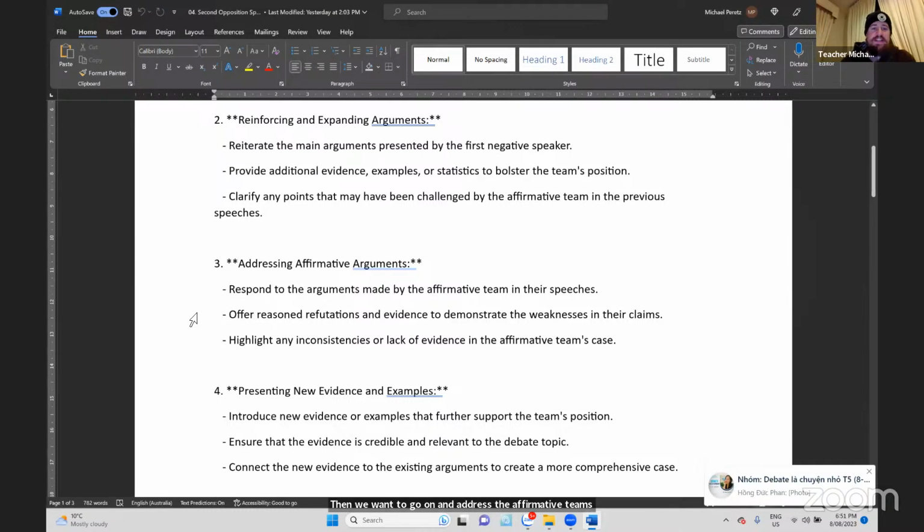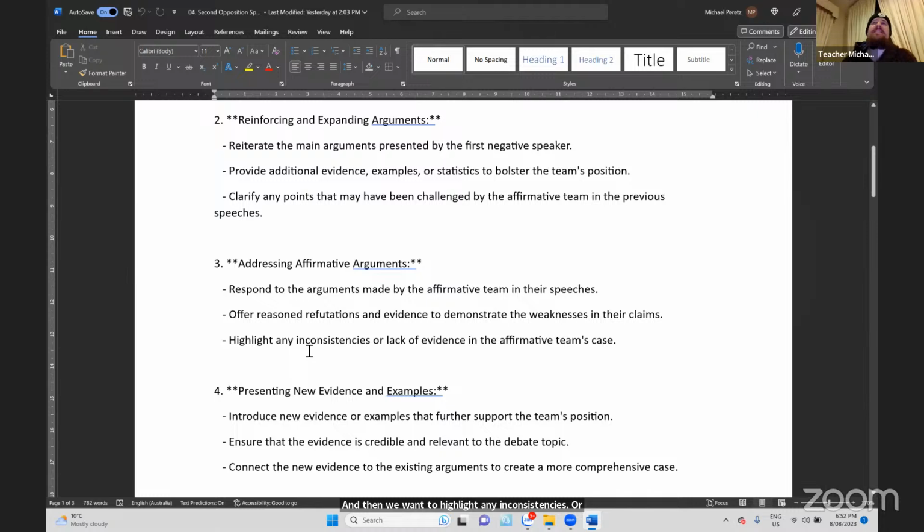We want to offer reasons, argue back and prove wrong any arguments that they've made, and offer more evidence against them to prove the weaknesses in their cases. And then we want to highlight any inconsistencies or lack of evidence in the affirmative team's case.